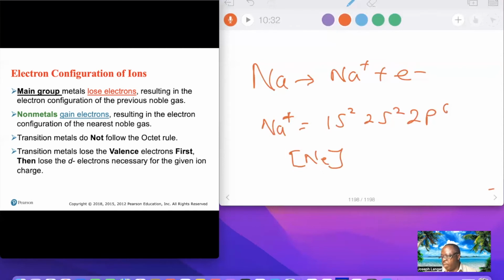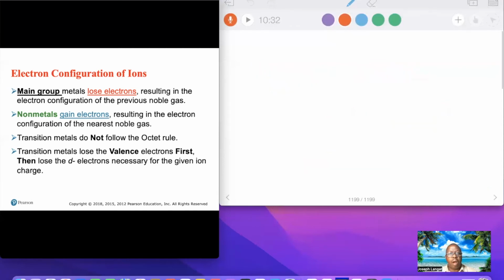How do you determine how many electrons are gained? Depending on the group number, let's say 5A, 6A, 7A, and 8A, except for helium, you look at how many steps you need to make to 8 to identify how many valence electrons will be gained.